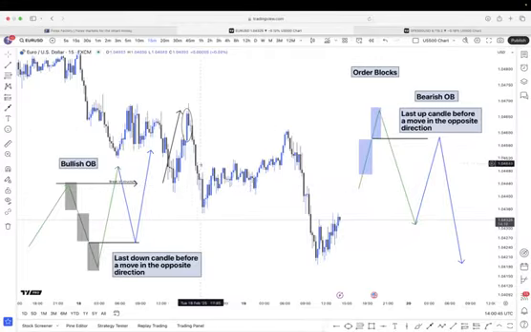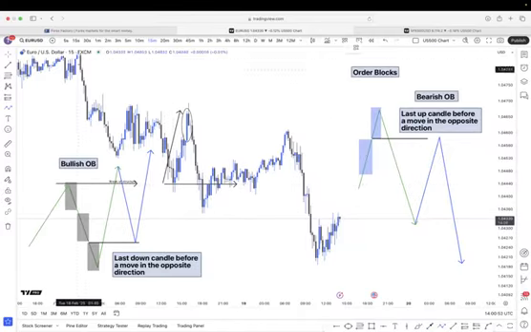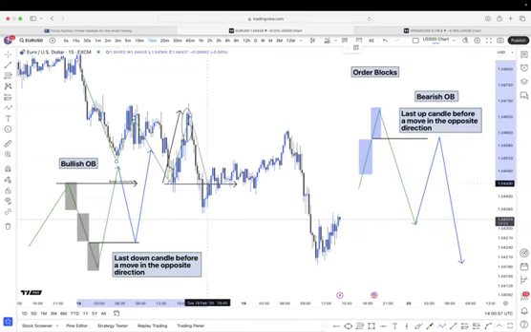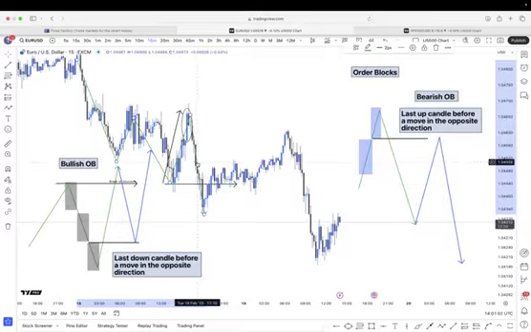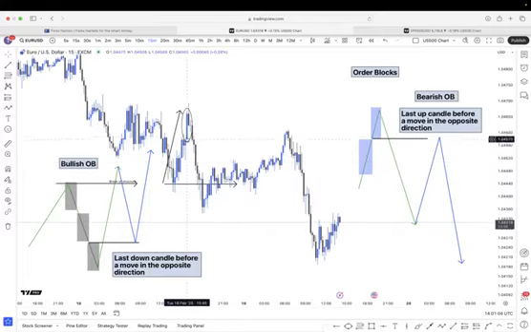Price action has moved lower and broken this structure here because price action was trending lower and now has broken this structure here. Again, market structure is going to be another lesson for another time, but we're just looking at the last up candle before price moves down in this example.